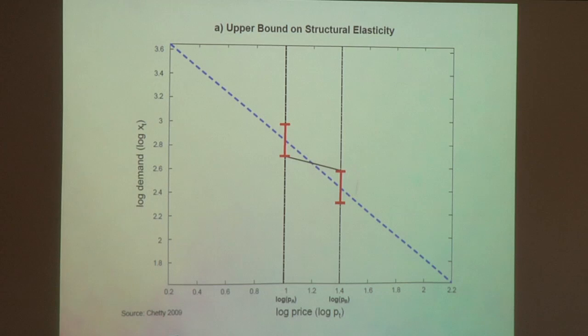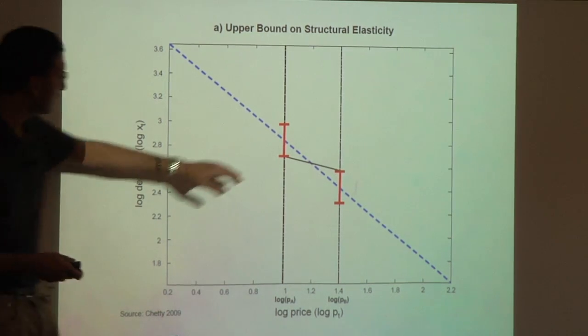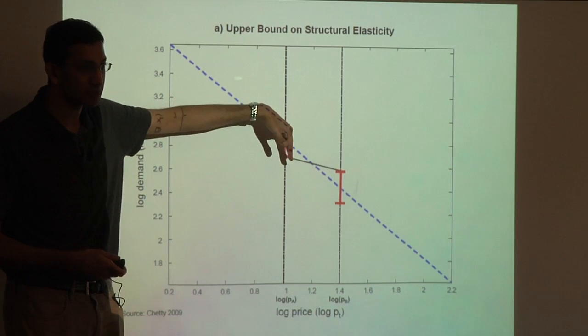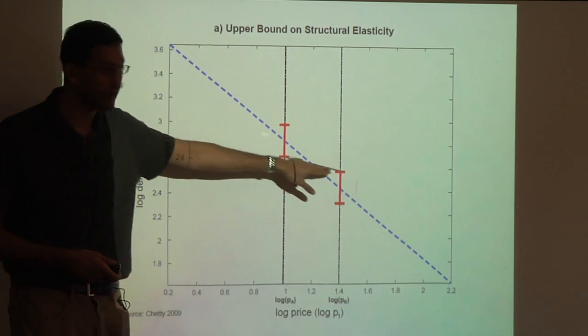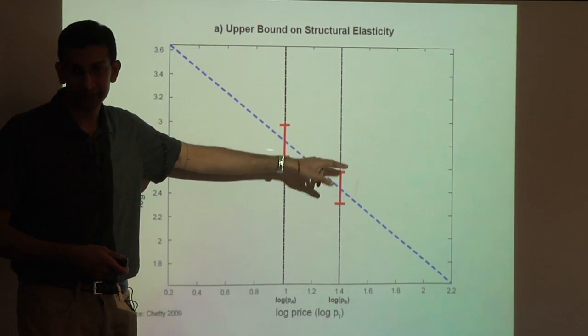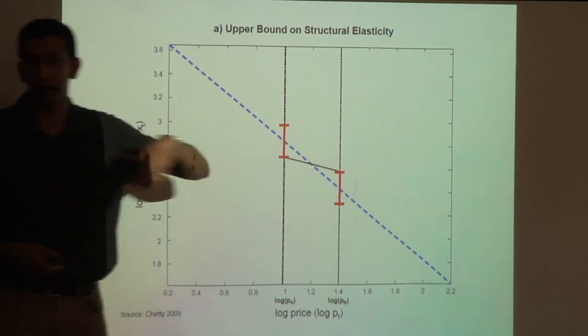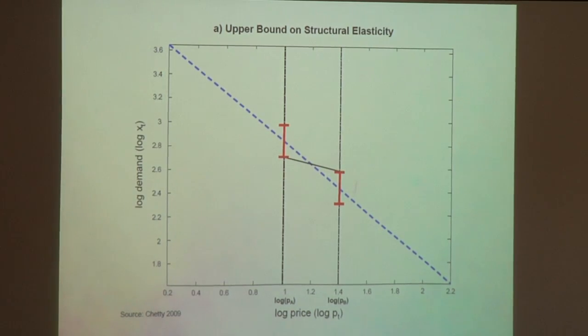This is what the upper bound on the structural elasticity is going to look like, right? Look at the diagram. The way you get the biggest possible structural elasticity is if you start at the bottom of this set and end up at the top of the second set. If I make the blue line any steeper, I won't be able to contain the black line within the two sets, which is the requirement that I have.